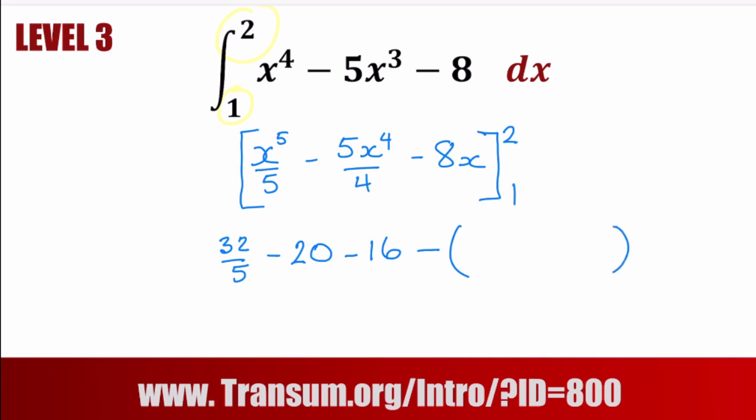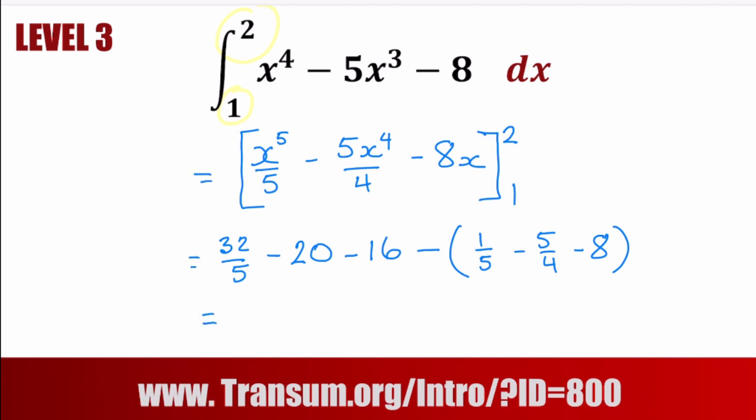And then I can just concentrate on substituting the value of x equals 1, the lower limit, into that expression, which should be a little easier. 1/5 minus 5 over 4 minus 8. So I should put my equal sign here.